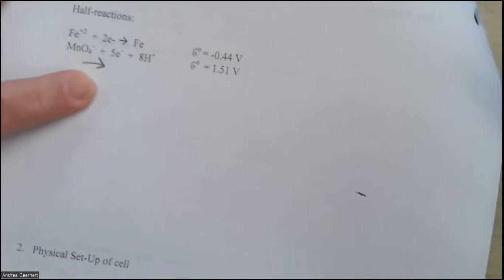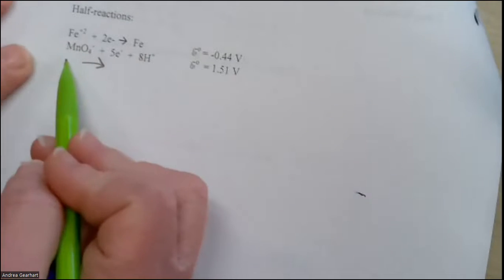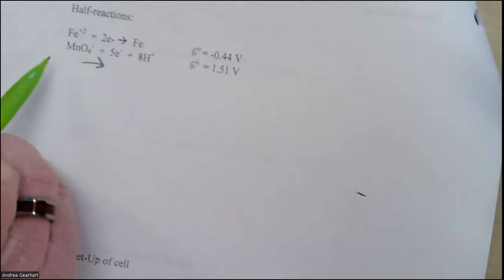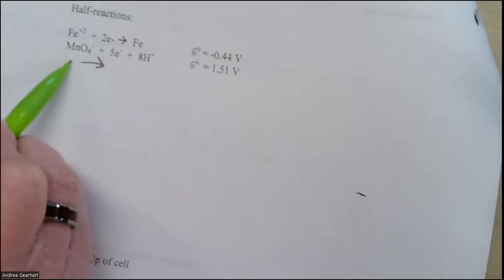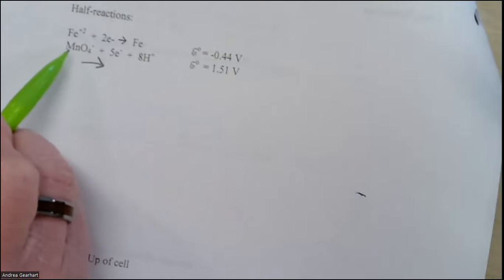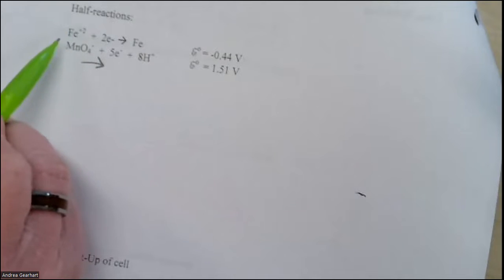Which I know that Jackson is thinking, but Mrs. Gerhardt, didn't we in our reduction titration earlier in the year, remember that really, really dark purple solution? Wasn't that permanganate? Didn't we react it with the iron plus 2 ion and it made a colorless solution?